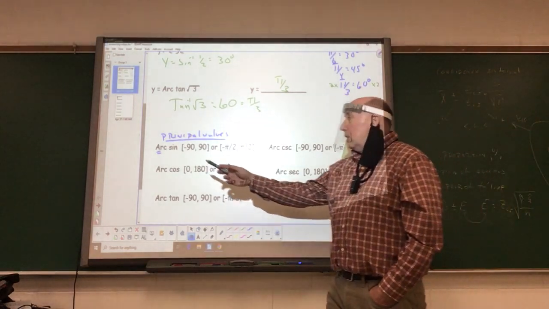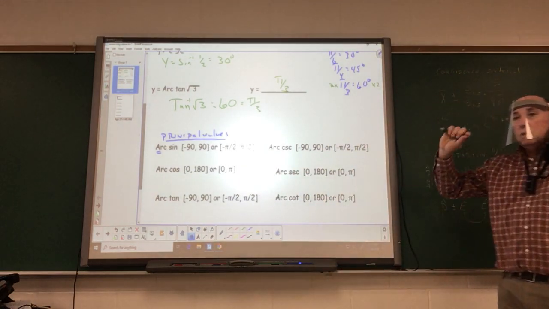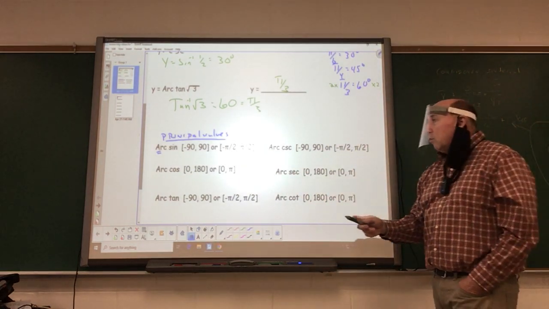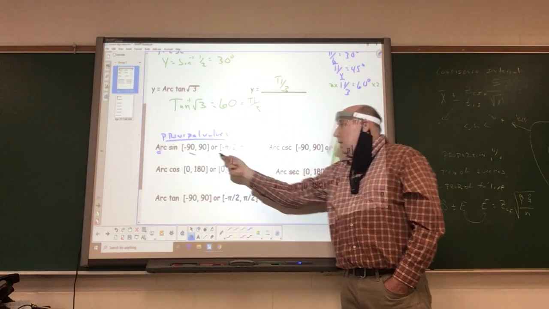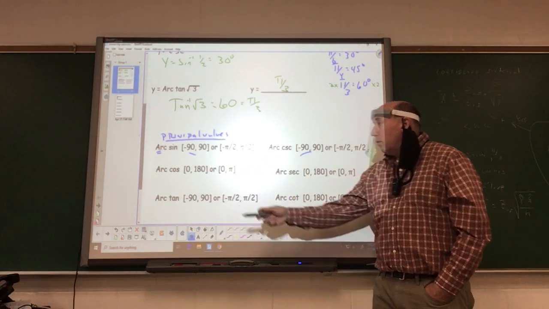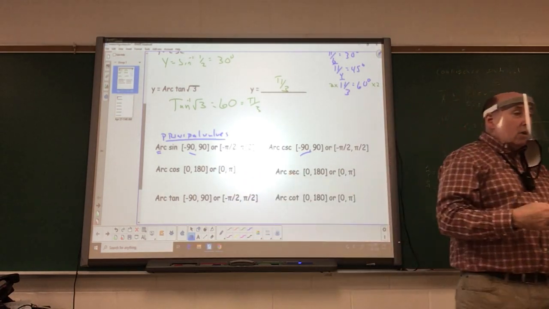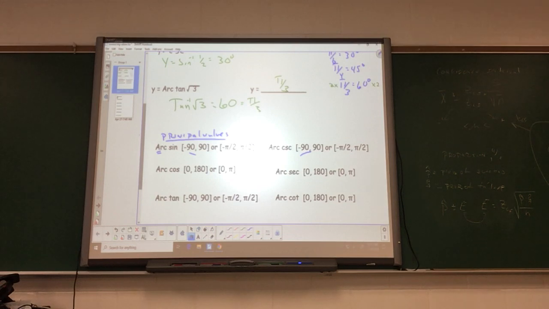If I take a look at the arc sine and then the arc cosecant, the reciprocal of it, they will fall right in line. These values will be in between negative 90 and 90. For arc secant and arc cosine, they'll follow the same line, 0 to 180 degrees. Your calculator is set up that way.